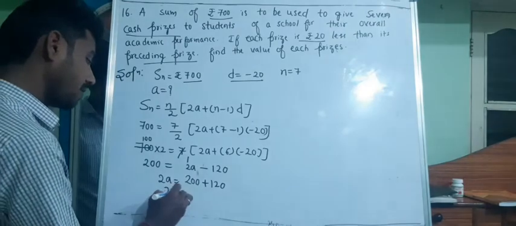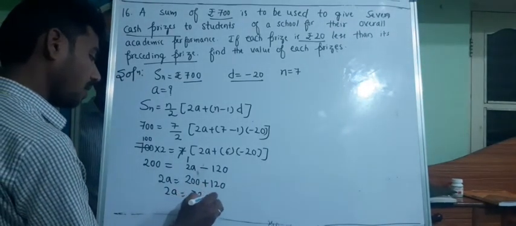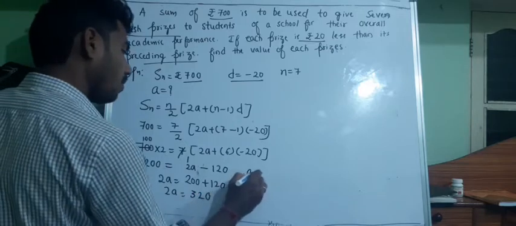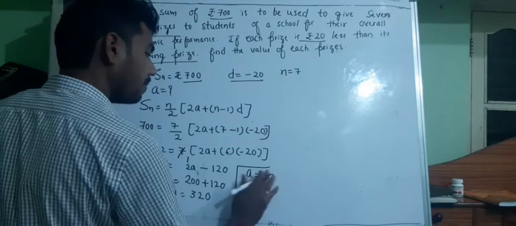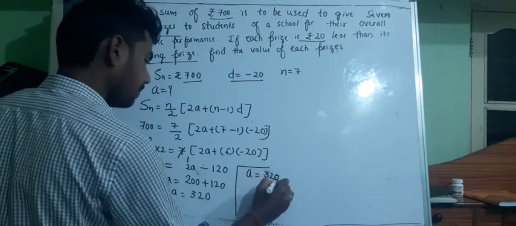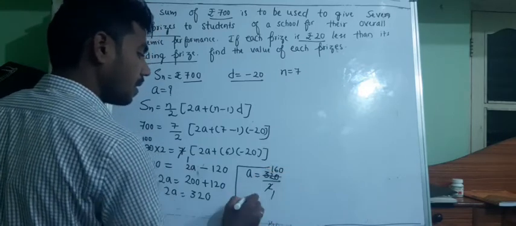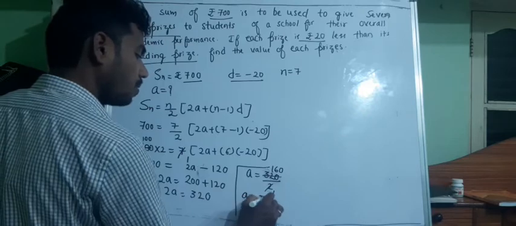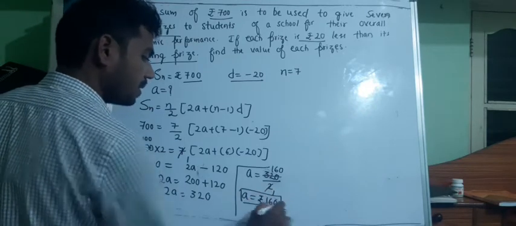So 2A is equal to 320, or A is equal to 320 divided by 2. A is rupees 160. So the first cash prize is 160.